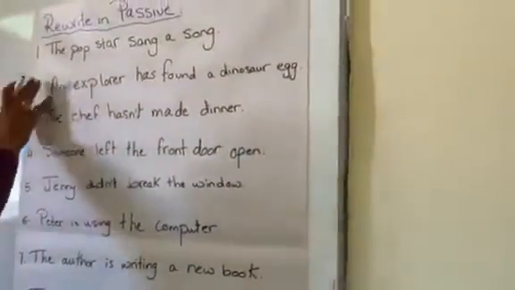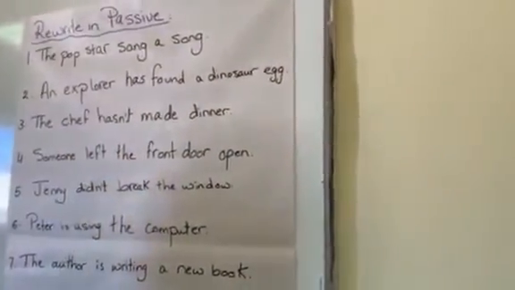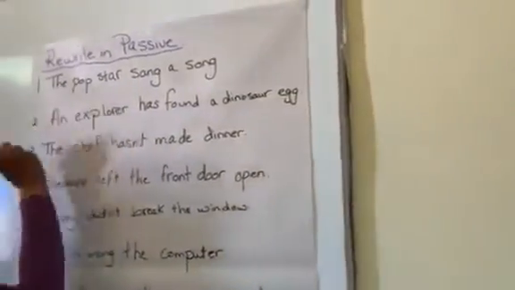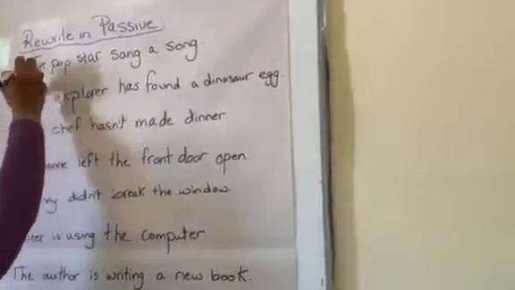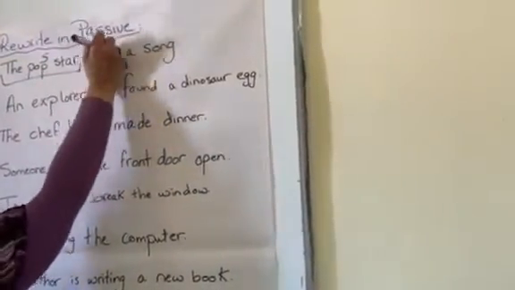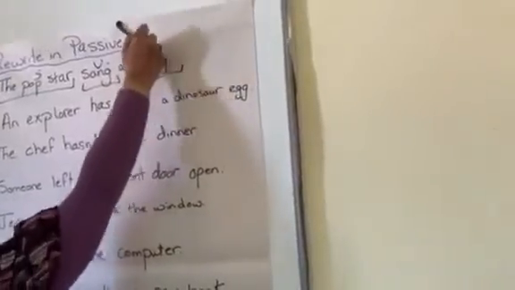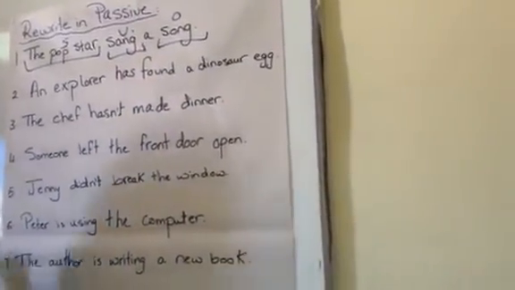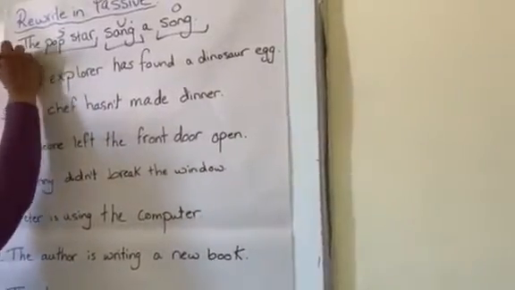Number 1, rewrite in passive. The pop star sang a song. Again, I'm going to say the parts of speech. The pop star is my subject. Sang is my verb. A song is my object. And the answer will be, starting with the object, a song.